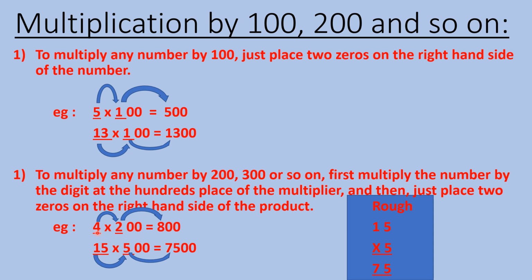So we will multiply this number 4 by the digit at the hundreds place, that is 2. So 4 2s are 8. Very good. So write here 8. And these 2 zeros, children, we will place at the right hand side. So our answer will be 800.